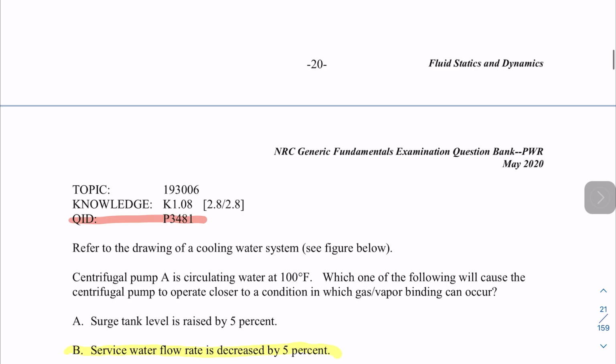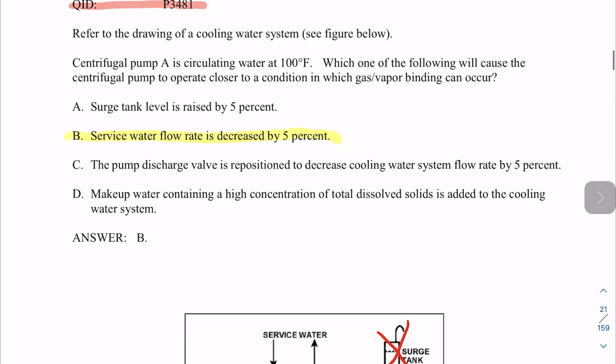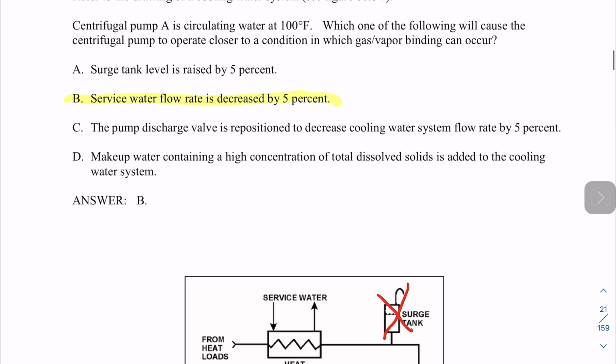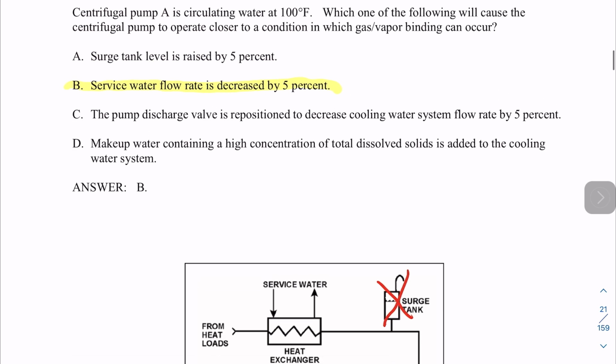Okay, next question. P2481 says, refer to the drawing of a cooling water system. So we have this drawing of the cooling water system. But what is this asking, right? In order to know how it's affecting my system, let's take a look. It says centrifugal pump A is circulating water at a certain temperature.